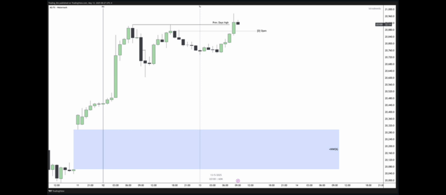On the 1 hour, we see that price manipulates this high. So now we are most likely projecting price to expand lower into this new week open gap.